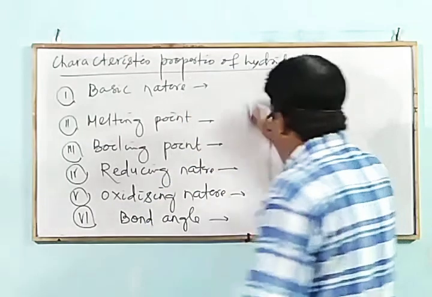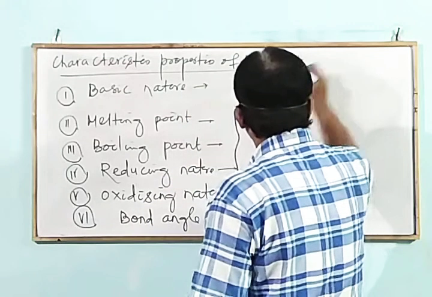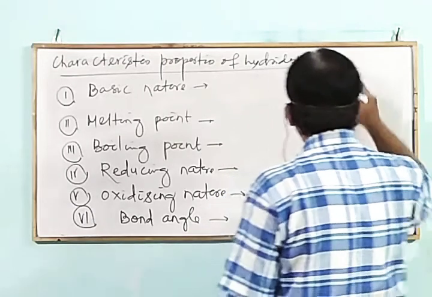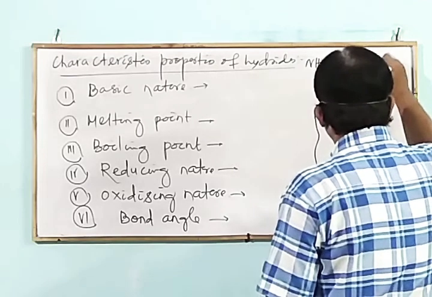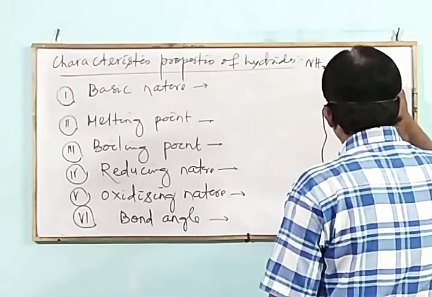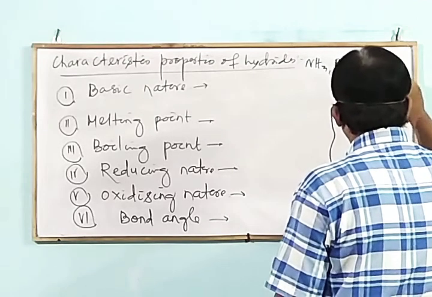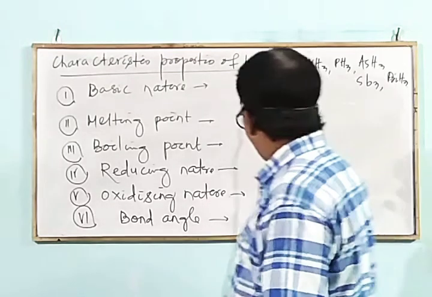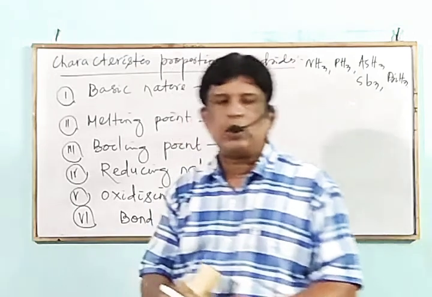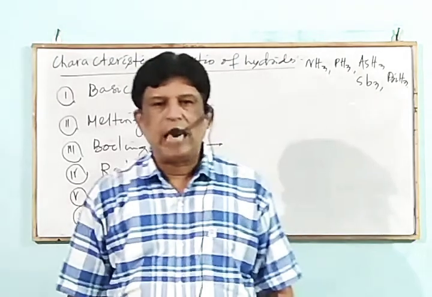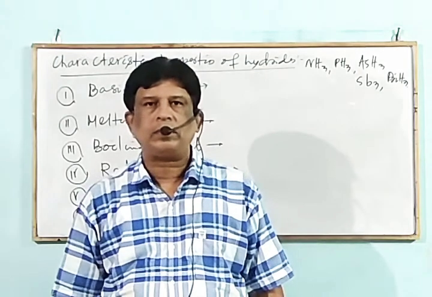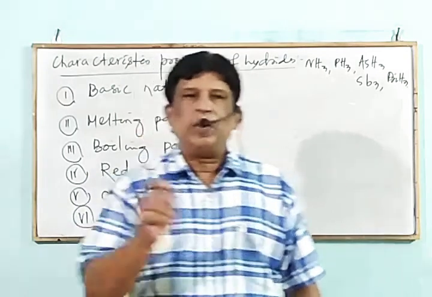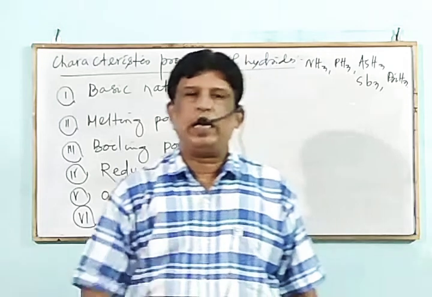So the members are NH3, PH3, AsH3, SbH3, BiH3. All the members, if you discuss the first one, that is ammonia, is basic in nature due to the presence of lone pair of electrons.